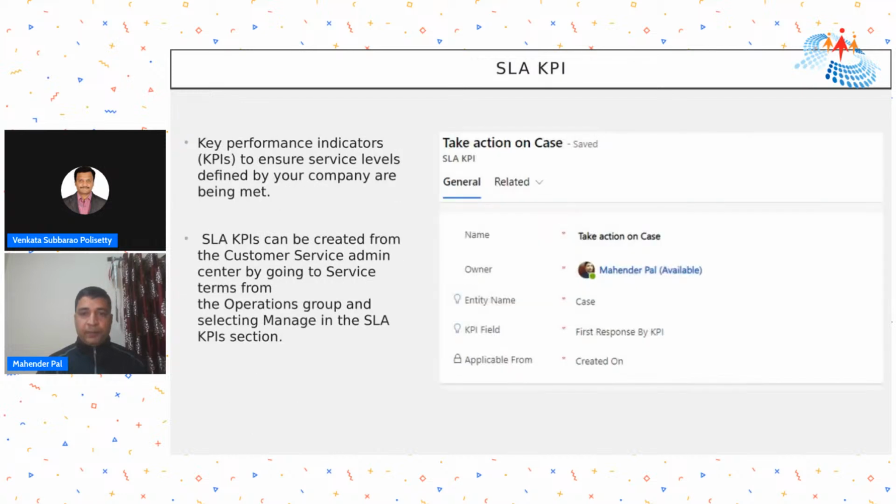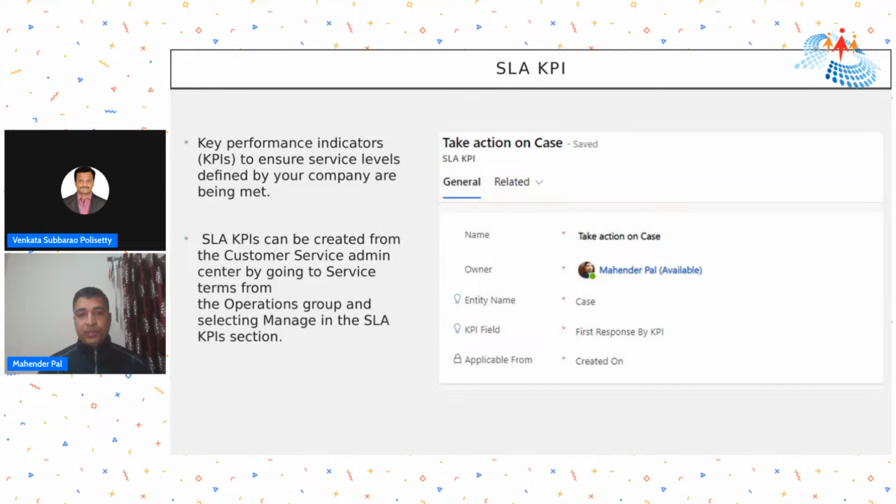Now we know the basic introduction about SLA, and we know how we enable it. So now let's start creating that SLA. When we create the SLA, there are some attributes that we need to fill, and one of them is the SLA KPI.